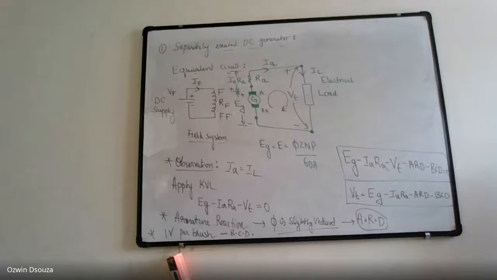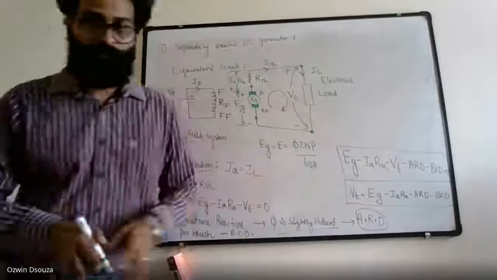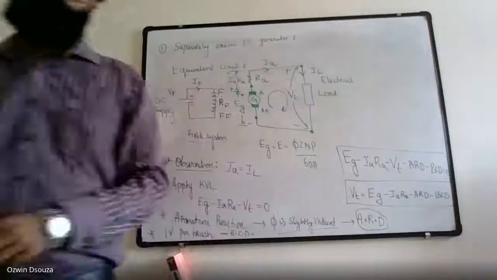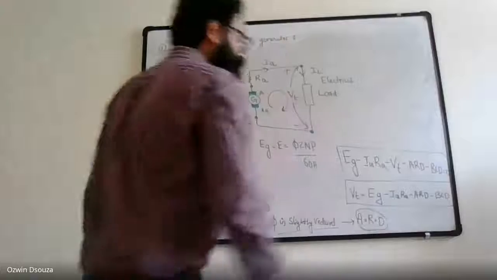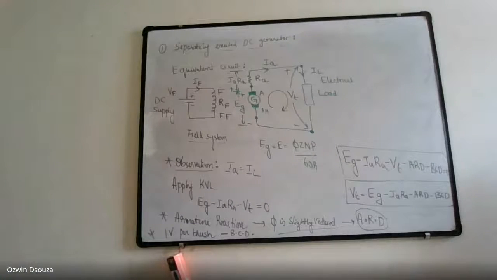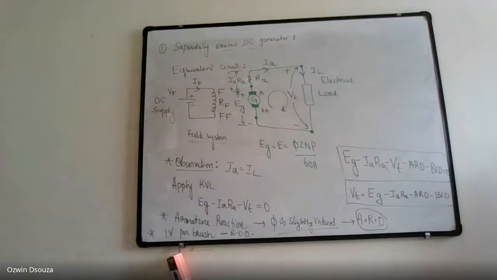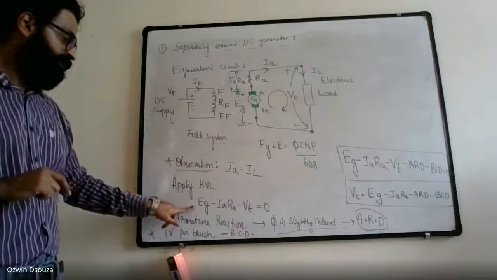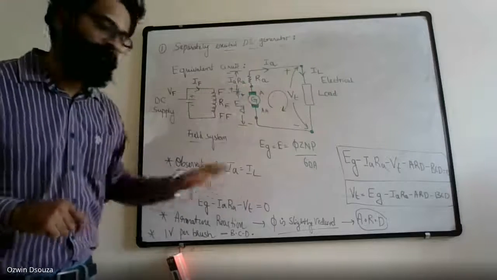So while solving numericals, if ARD and BCD are given, you account for them. If they are not given, you can assume them as 0. This is the actual expression. You don't have to explain armature reaction and brush contact drop. What you can do is apply KVL and write this equation, that is EG minus IARA minus VT is equal to 0.